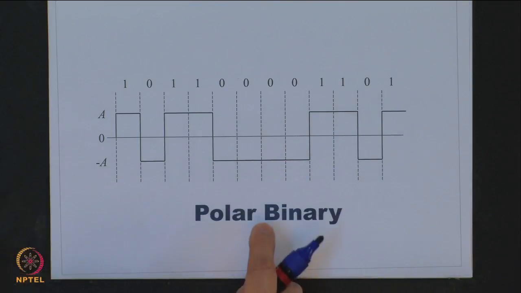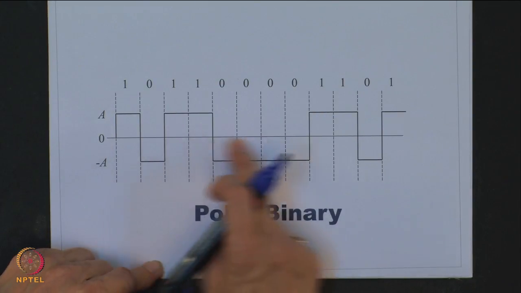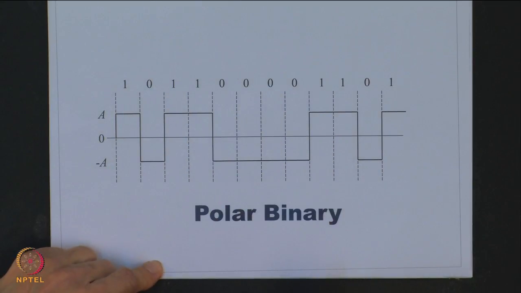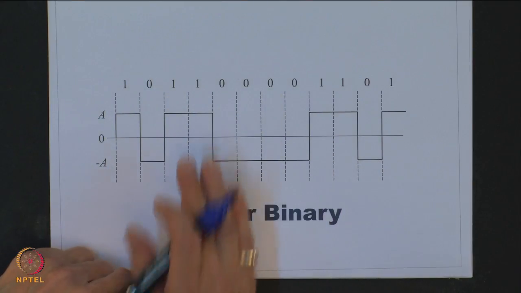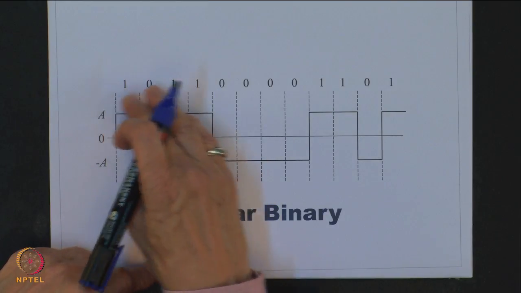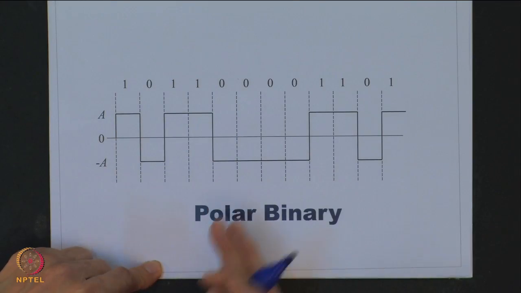So, this is the digital signal which will be generated, and this transmitted signal will have 0 mean provided data is equiprobable. Correct? But still here also if you have continuous ones or continuous 0s, we will see that this will create a synchronization problem. Correct?